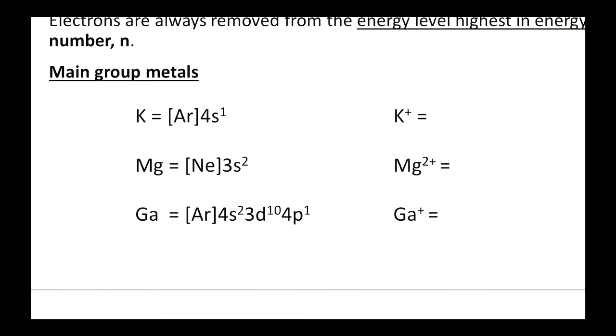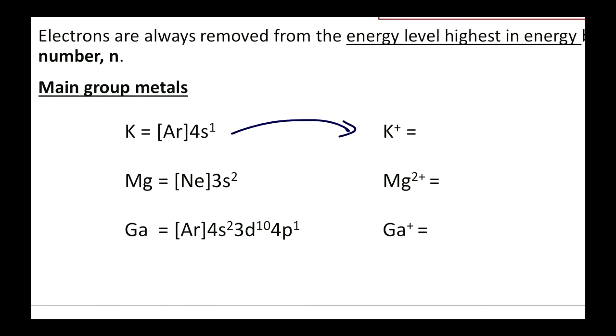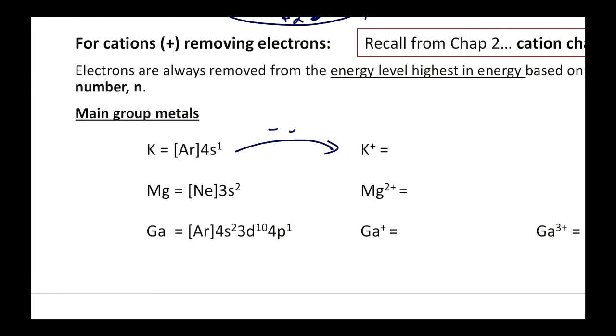The idea here is, now we're removing electrons to make a cation, so we want to subtract an electron. I think it's pretty obvious what electron we're going to remove. There's only 1 valence electron to remove, all right? So when we make K+, all we get is an argon shell. And since we get that argon shell, if I try to remove another electron, is that going to be a low second ionization energy, or a really big one?